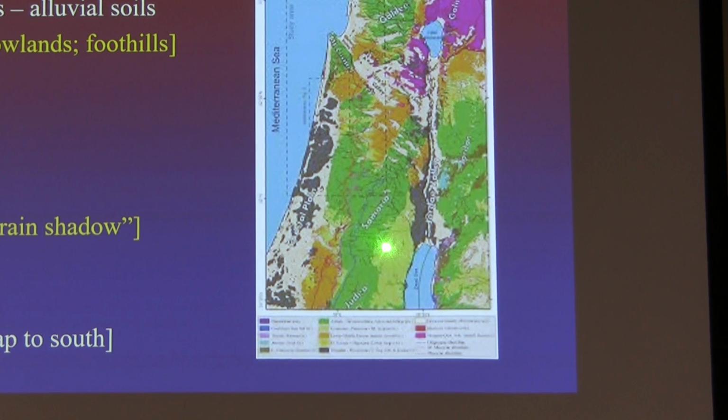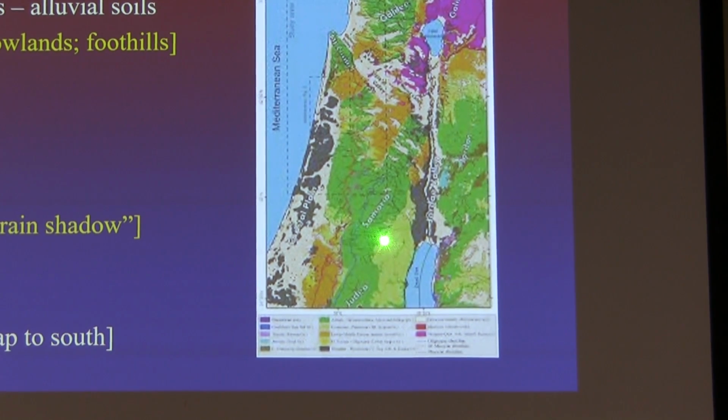By the time you get down to the north end of the Dead Sea, we're talking about 1,300 feet below sea level. I'm going to come back to those figures when we deal with some of the events that take place with regard to the conquest. But for now, just think, that's quite a drop in elevation.